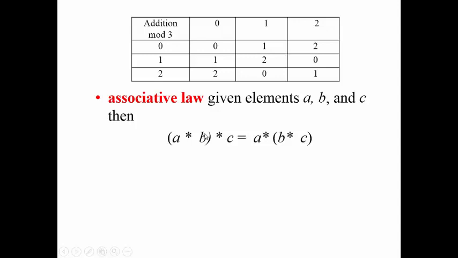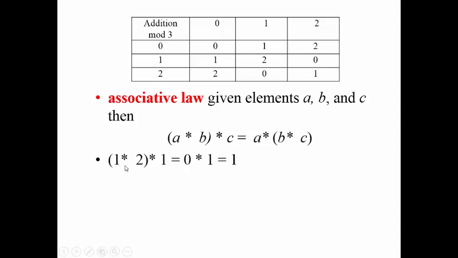So let's exhibit that for one case. So we're looking at 1 operation 2. So 1 operation 2 is going to give me 0. So this is going to give me 0. And then 0 operation 1 will give me 1. Now we'll put the parentheses around the second 2 numbers.